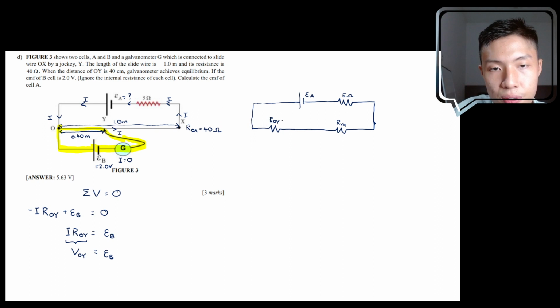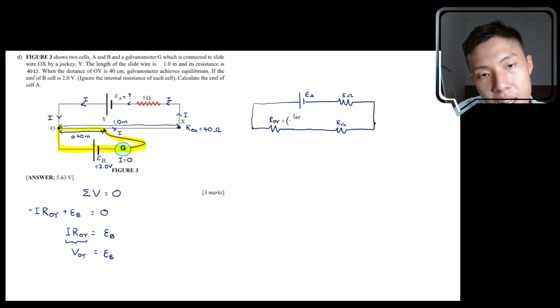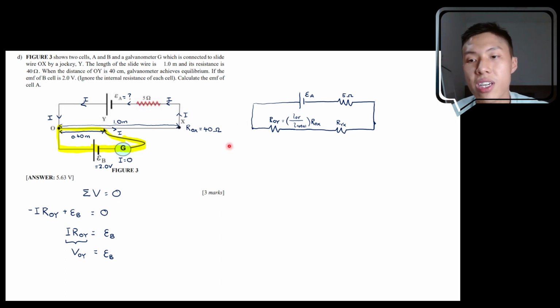Then you should expect that R_OY will have how much resistance? It will have the length of OY divided by the total length times the resistance of OX. Why is it so? Because you learned from a very early subtopic that the greater the length of a conductor, the greater the resistance, right?